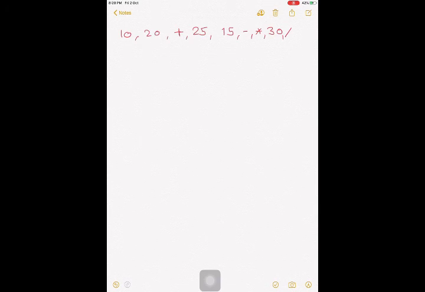The approach is the same. You have to create a table having 3 columns. The first one is symbol, the second one is stack, and the third one here will not be the result, it will be the calculation, because you have to do intermediate calculations in this type of question.